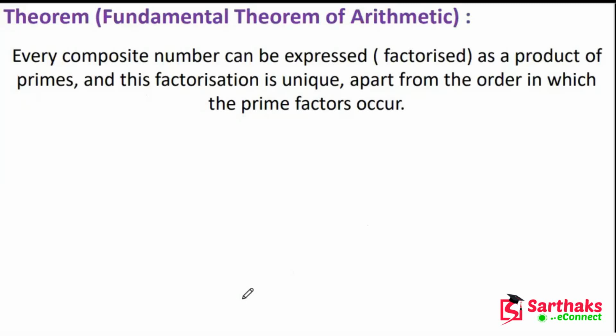The theorem states that every composite number can be expressed or factorized as a product of primes, and this factorization is unique apart from the order in which the prime factors occur.